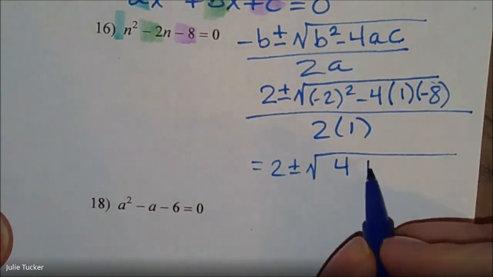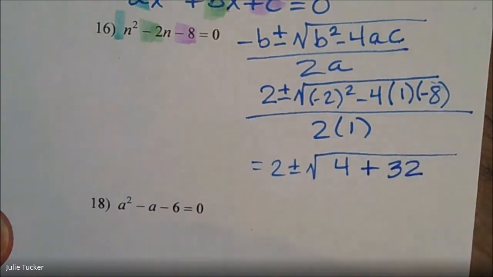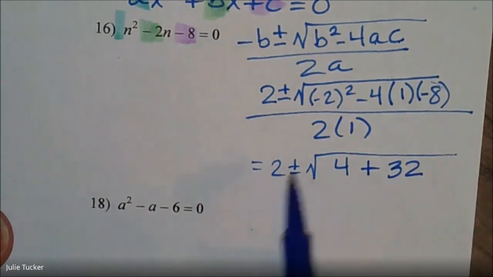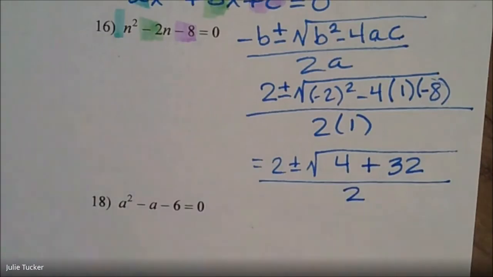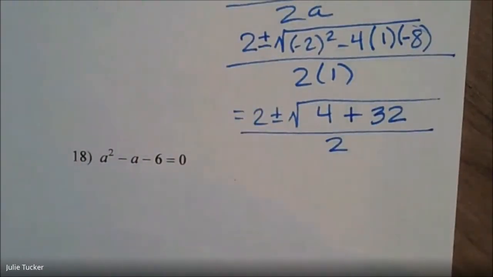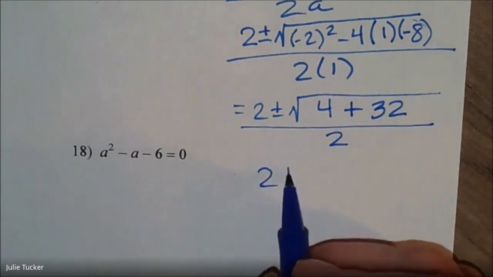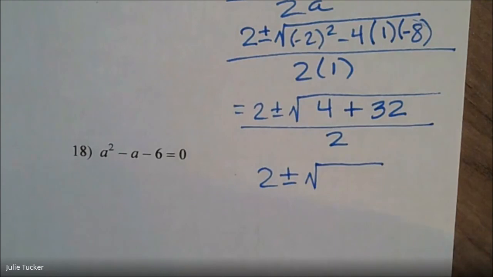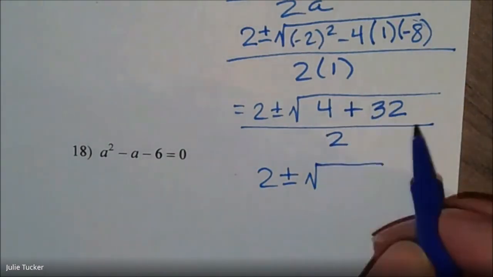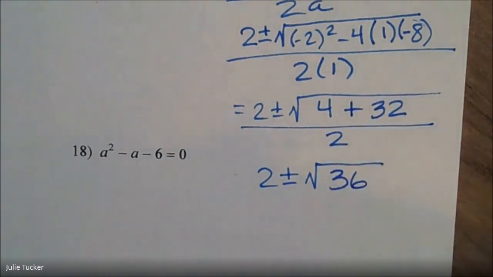So we're going to put plus 32 for that part. Then we need the fraction part to go the whole way. Yep, over 2. Now, what is 4 plus 32? What's 4 plus 2? 6, right? So 4 plus 32 is 36.